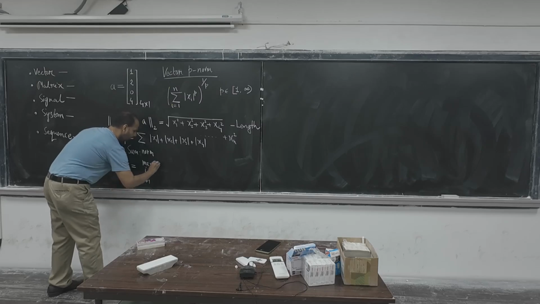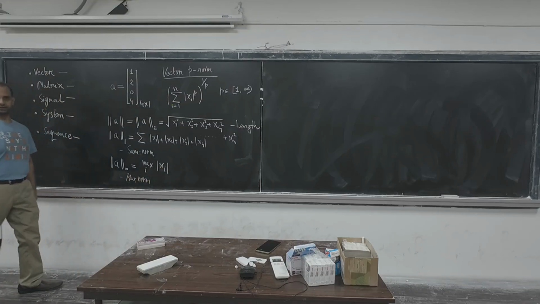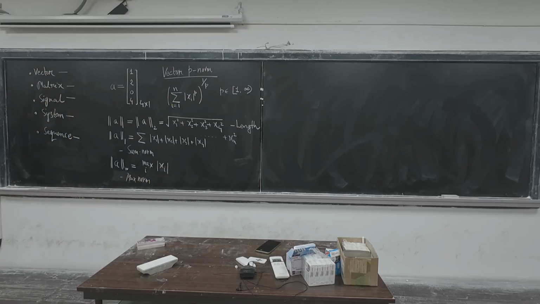It is the max over i of the absolute value of xi, isn't it? In some books you will find that instead of maximum they express it in terms of supremum, right?